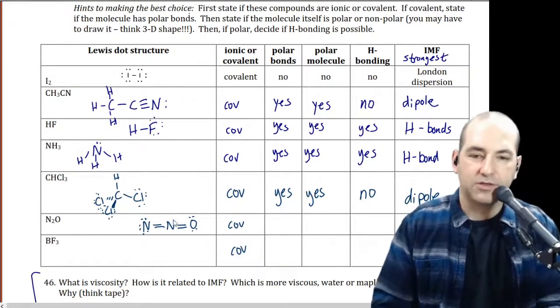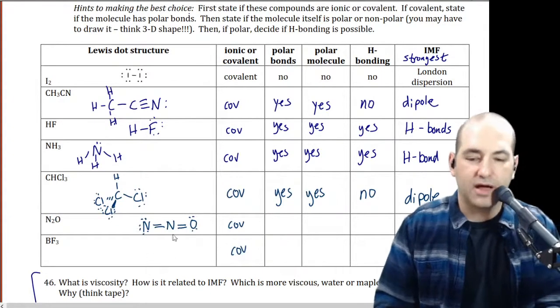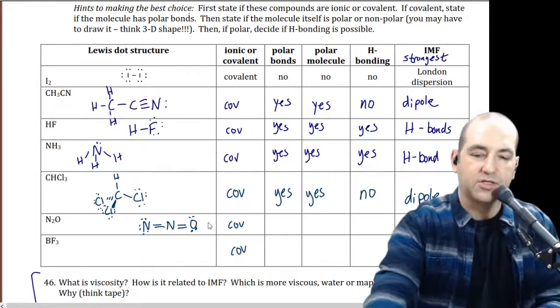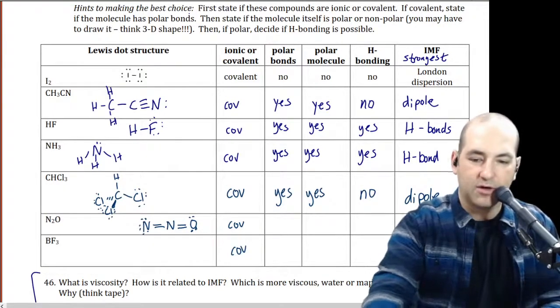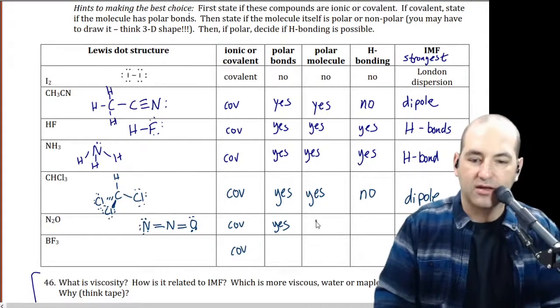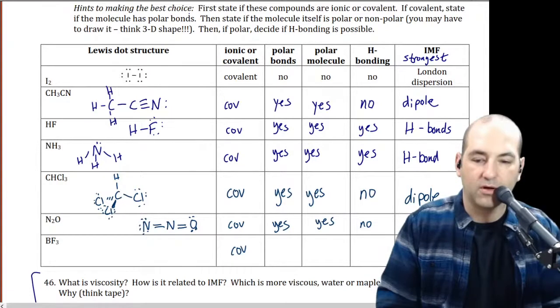There's a couple different ways you can draw it with double bonds or triple bonds. Those are called resonance forms. We didn't really get into that, but if your structure is a little bit different, it might still be okay. That is covalent. That has one polar bond in the NO, and then it's not offset on the other side. So the molecule is polar, no hydrogen, so no hydrogen bonding there. So that is also dipolar.